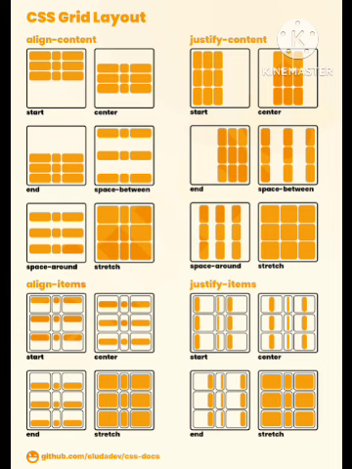So A, B, C in the first row, D, E, F in the second row, and each will take an even space. If the container width is 300 pixel, each of the divs is going to have 100 pixel. In flexbox we cannot define how many rows and columns we want, so this is the advantage of grid layout.